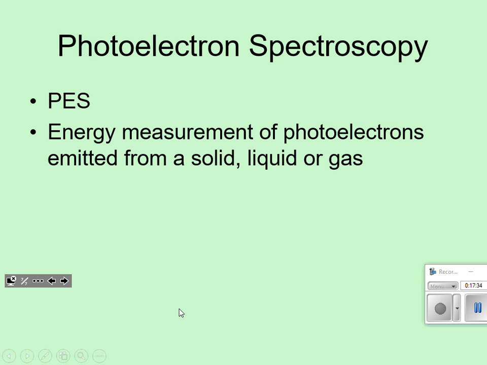If you recall from Chem 1, we had students try to remember the steps of how light is created. An electron would gain energy, and it would jump up a certain amount of energy levels, and then would fall back down. And as it fell down, it would give off light.